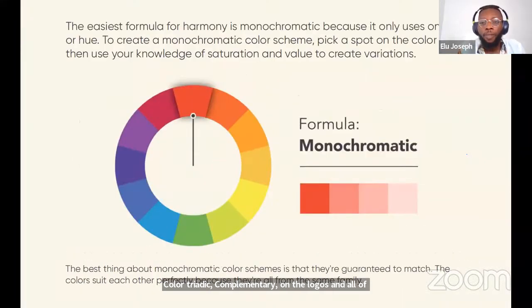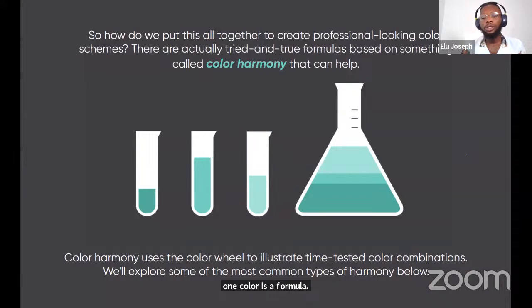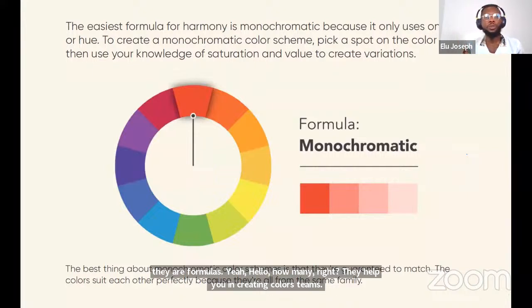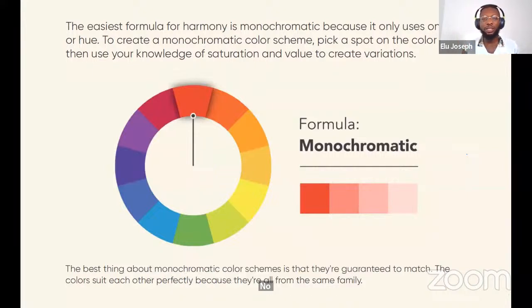So Kenneth, monochromatic, like I said yesterday, is the use of one color. It's a formula. Remember, they are formulas. They are under a formula called color harmony, right? They help you in creating color schemes. Now, the first one is monochromatic, which is the simplest.